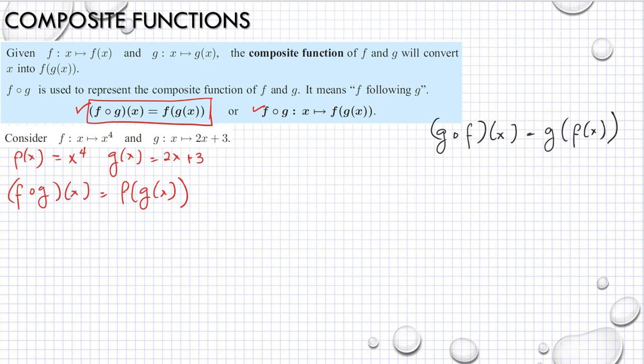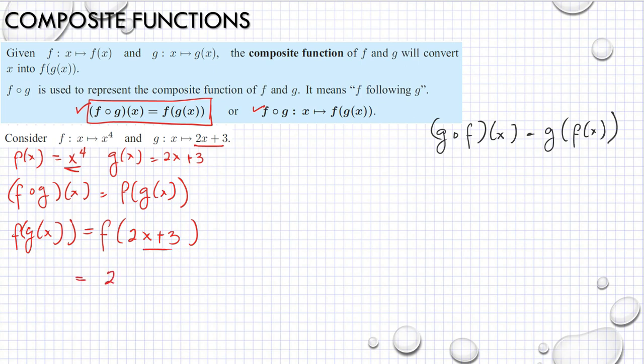Okay, let's start. We have now f of g of x. Our g of x is 2x plus 3, but our f of x is x raised to 4.